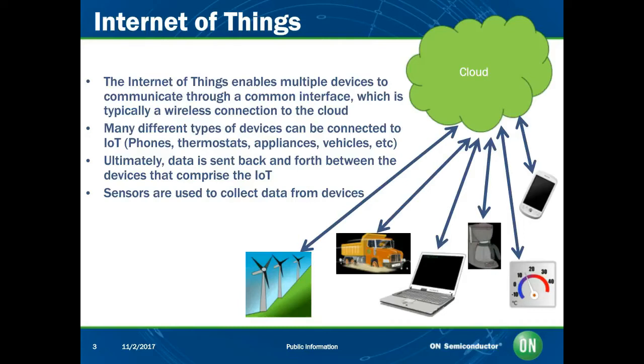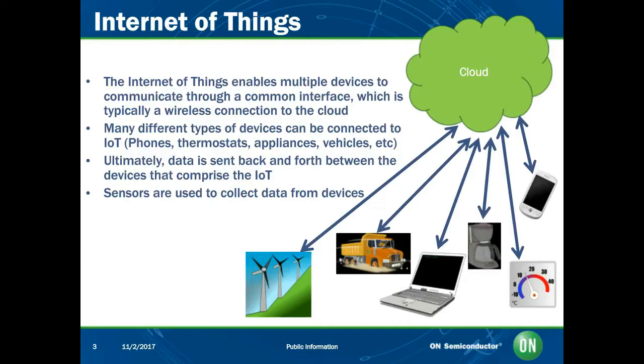So what do we mean by the Internet of Things? IoT has become one of the common buzz phrases associated with new technology. A lot of people talk about Internet of Things. We have trade shows and conferences dedicated to IoT, but it seems like the specific definition of the Internet of Things is somewhat in flux.